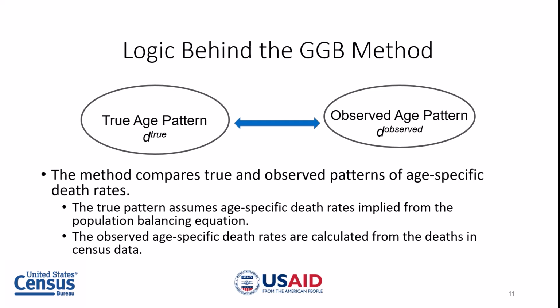In a nutshell, the GGB method assumes a discrepancy between the true pattern that we are not observing, but that is implied, based on the age pattern of deaths estimated from the balancing equation, and the observed age pattern of deaths that might be undercounted.